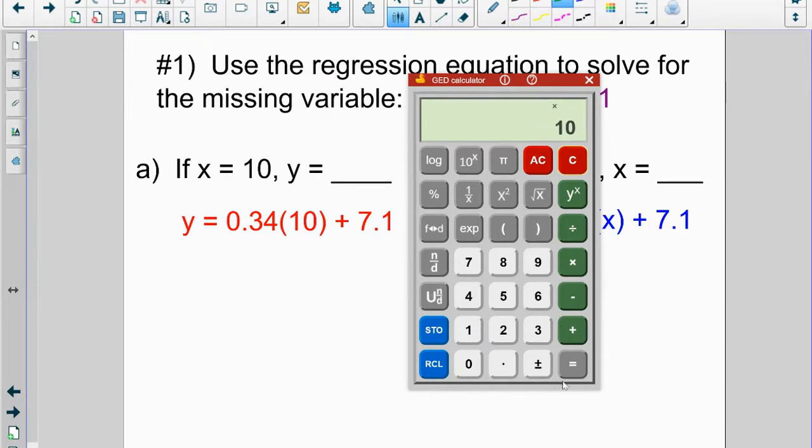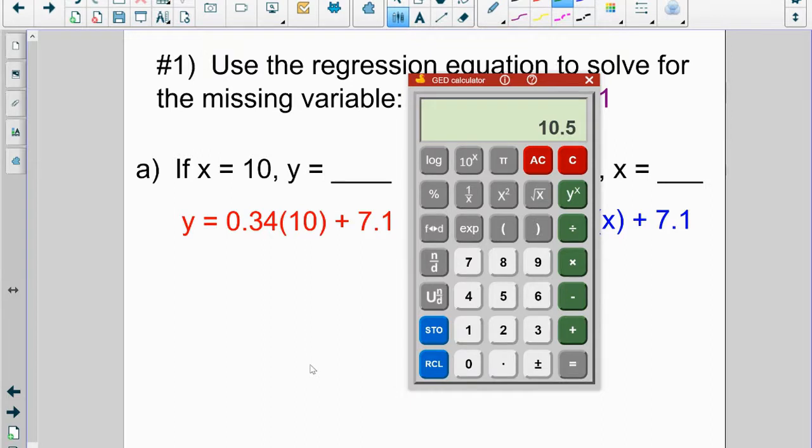There we go, 0.34 multiplied by 10 should be 3.4. And then we want to add 7.1. Yes, that is correct, 3.4 plus 7.1. Sorry about the calculator.